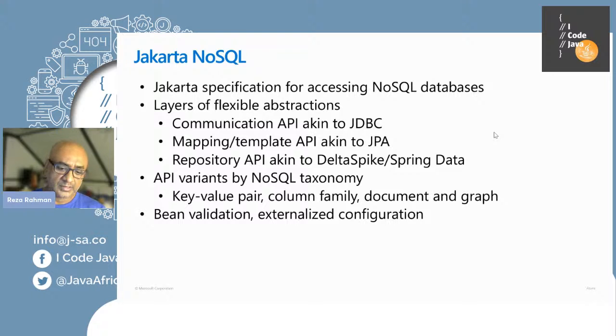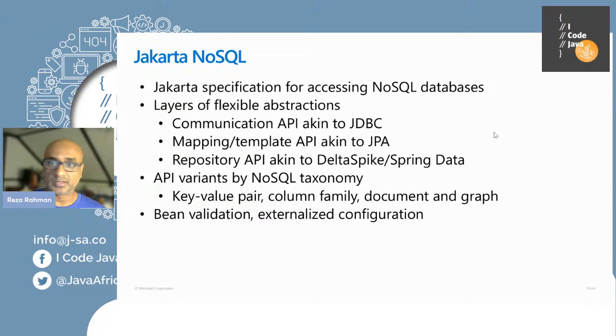Aside from this, there are some other interesting features, very similar to what JPA provides. You have integration with the Bean Validation API, so you'll be able to express what is valid data using annotations. We'll see an example of that when we get to the demo. You are also able to do some level of externalized configuration.